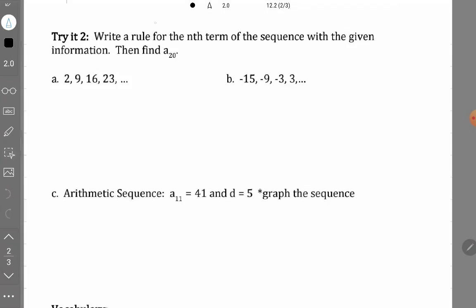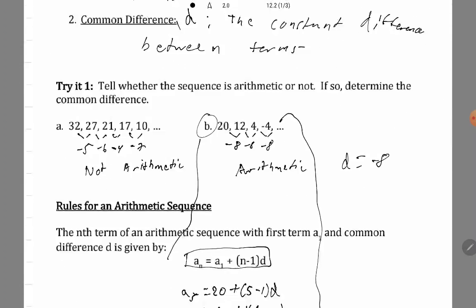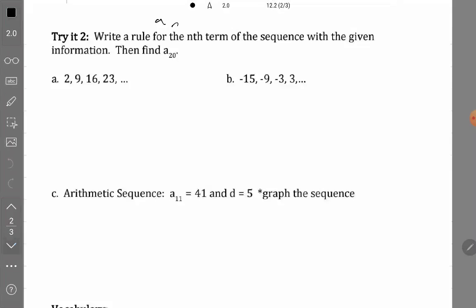Keep writing it on your paper every time there's a quiz or a test. a sub n equals a sub 1 plus n minus 1 times d.